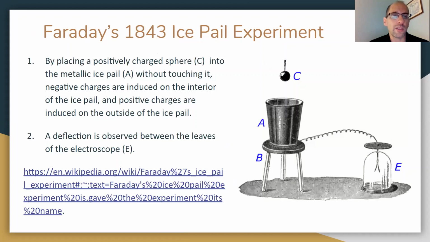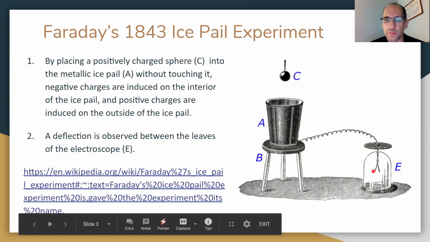And then in 1843, he did a similar experiment, known now as the ice pail experiment, where he had this metal ice pail, put on an insulating wooden stool, connected to this electrometer over here with these metallic leaves.